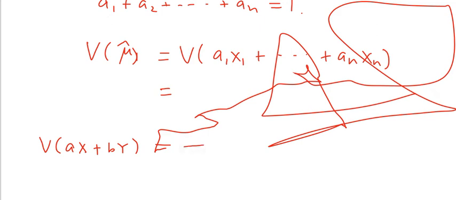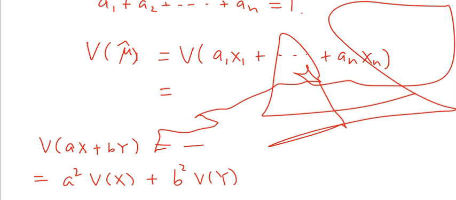So for Var(aX + bY), we have this formula: a squared Var(X) plus b squared Var(Y), if they're independent.